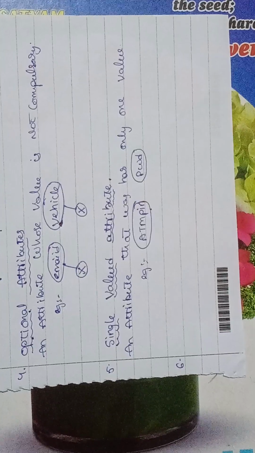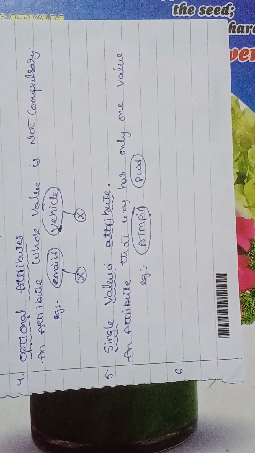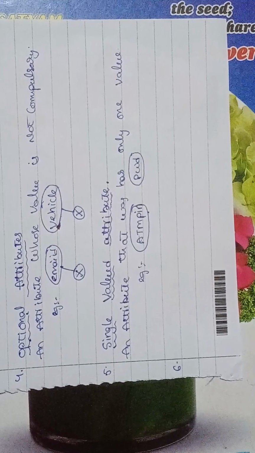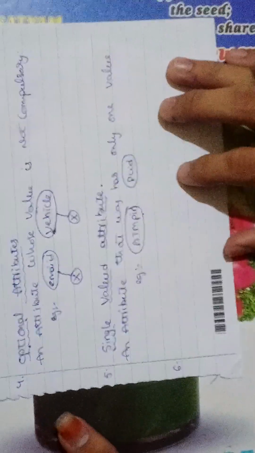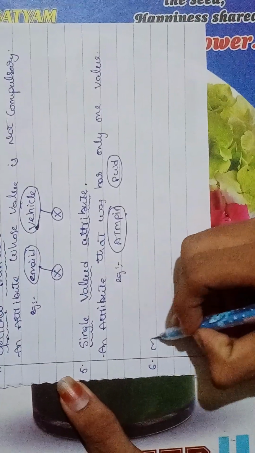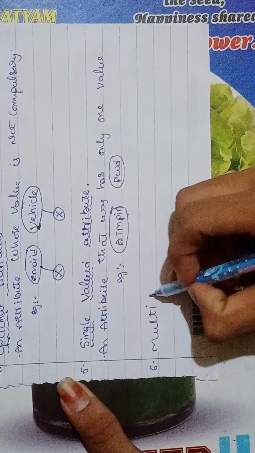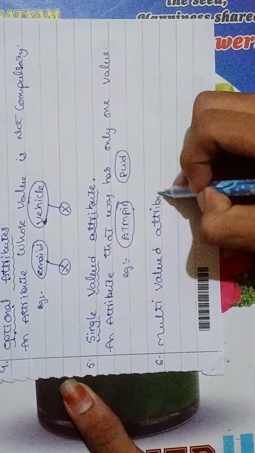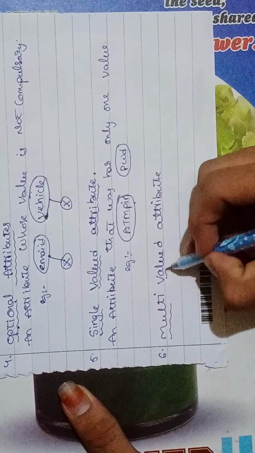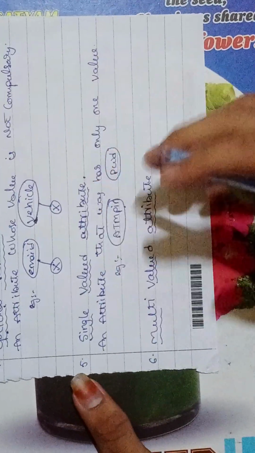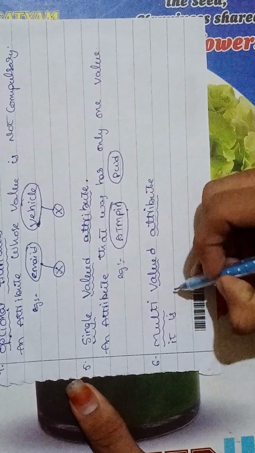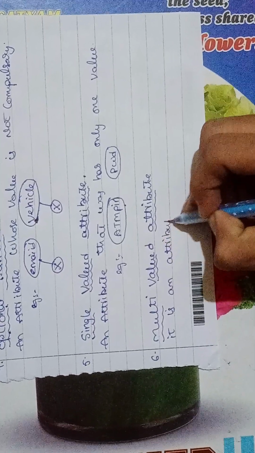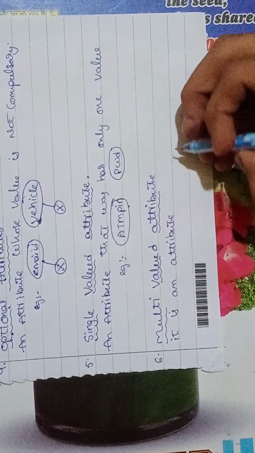Now we can see the multi-valued attribute. Means it is an attribute that takes multiple values. It is represented by a double oval shape. Sixth one we can see multi-valued attributes. It is an attribute that takes multiple values.